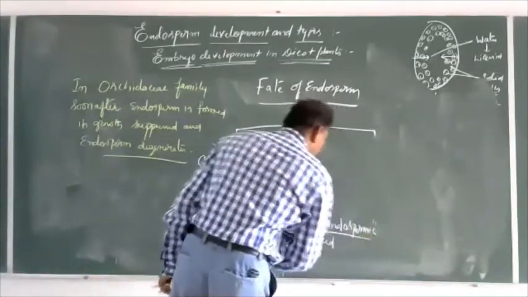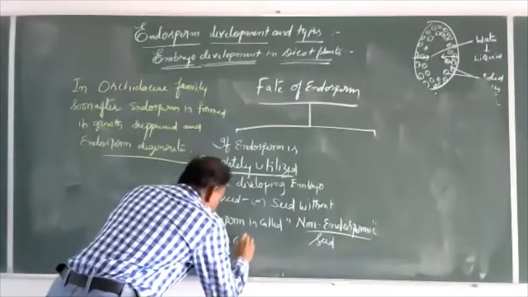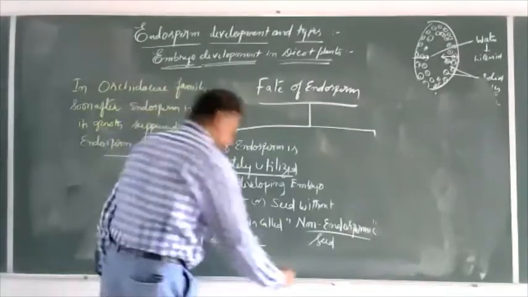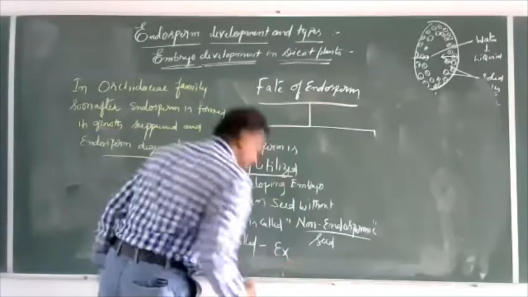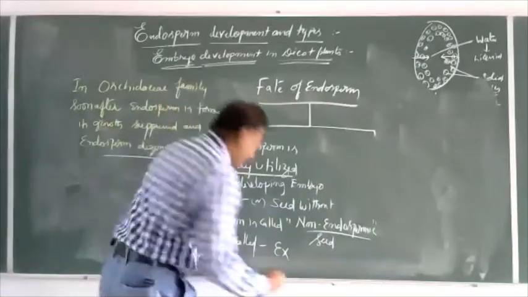Non-endospermic seed is also called ex-albuminous. Ex, once upon a time it was there but utilized.